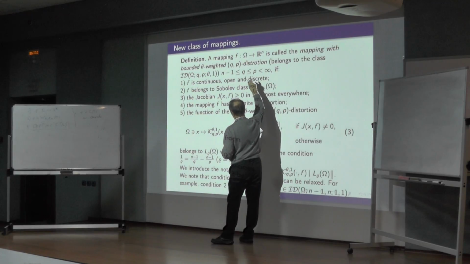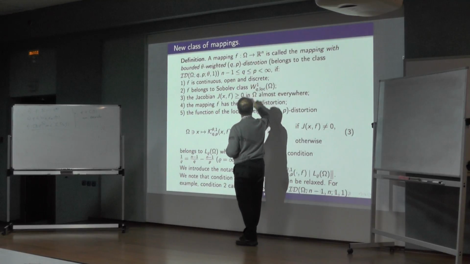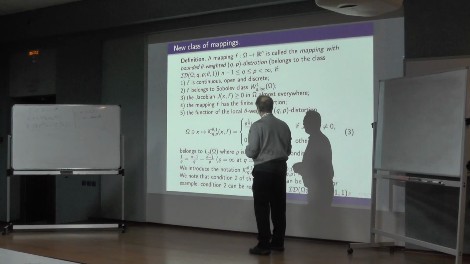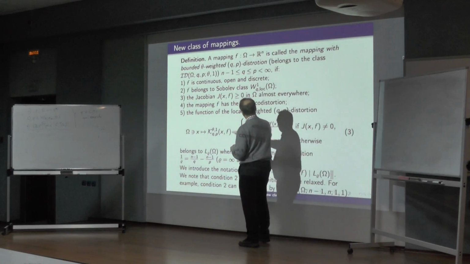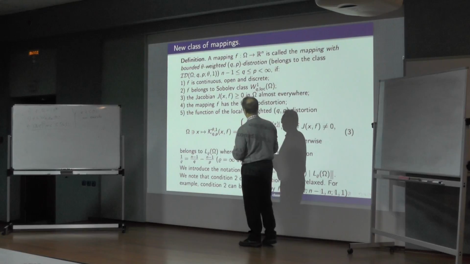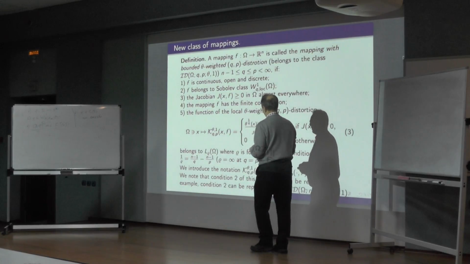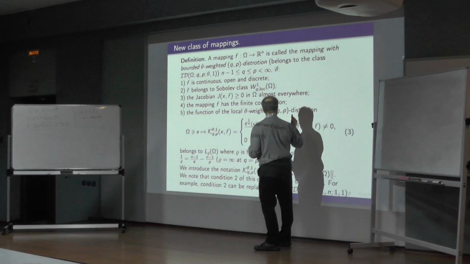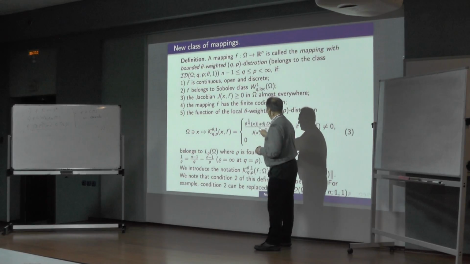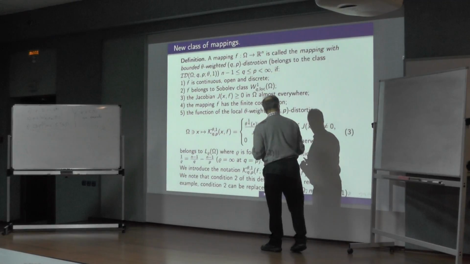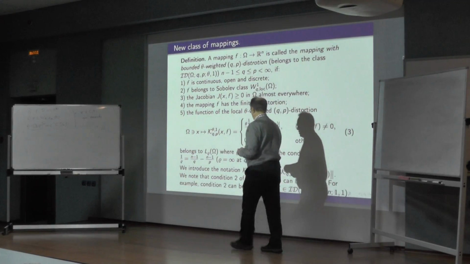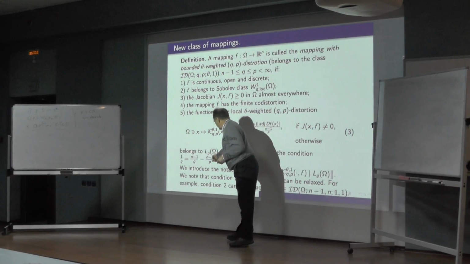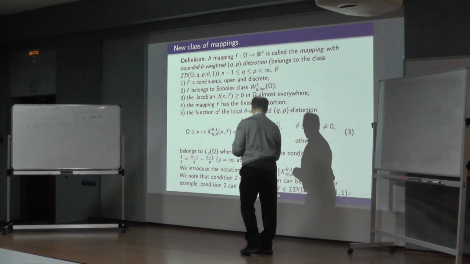Then F belongs to the Sobolev class W1Q. The Jacobian is non-negative almost everywhere. Then the mapping has defined co-distortion, and the function of the local theta weighted distortion belongs to L in the power rho, where rho is defined by this equality.